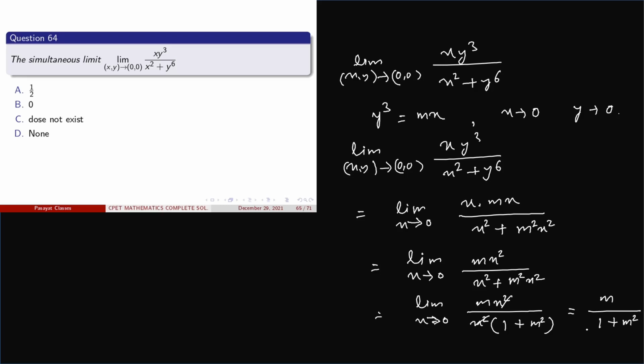So depending upon the various values of m, we get different values. So the limit is not unique, so this limit does not exist. That means option C is the correct one, that is, the limit does not exist.